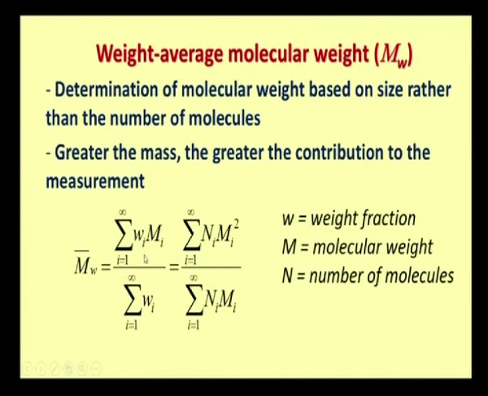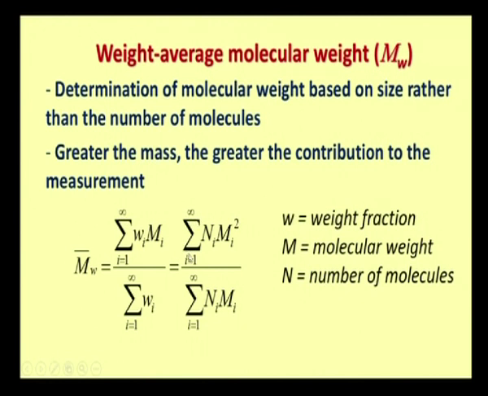So, the difference between the number average and the weight average is now felt. In the previous case, it was only Ni Mi, which is a total weight divided by the total number. Now, this is Wi Mi, which is nothing but Ni Mi into another Mi, which is nothing but Ni Mi square.